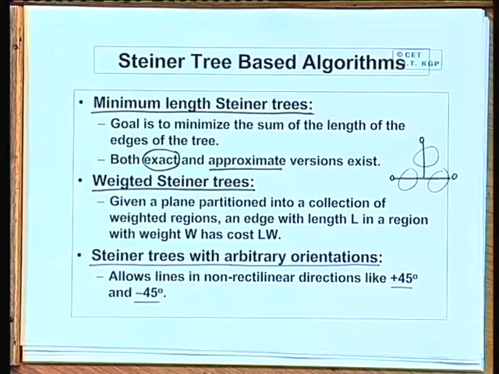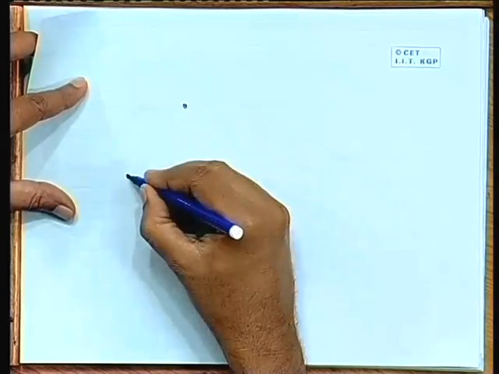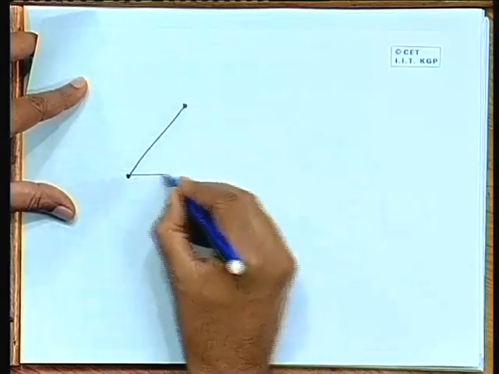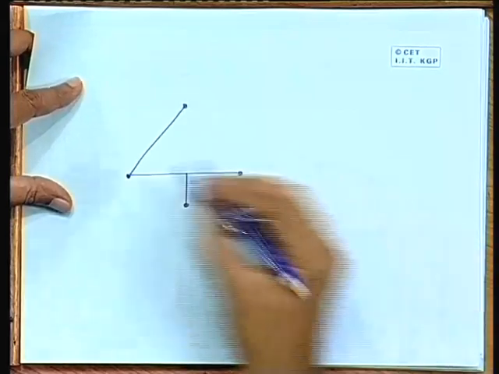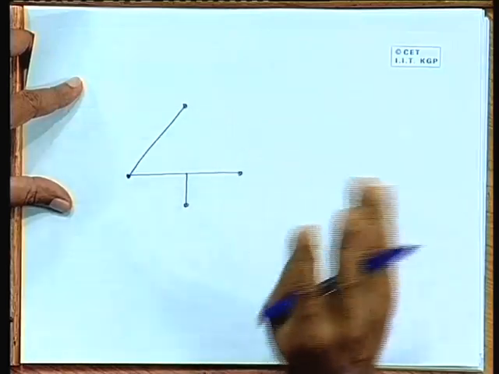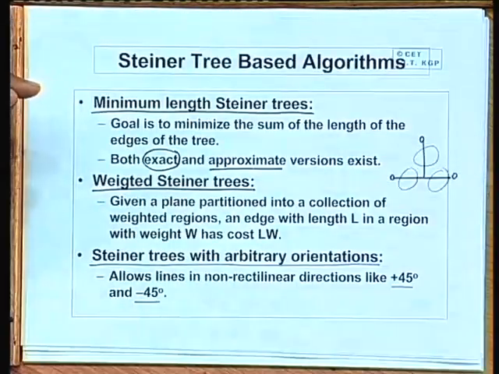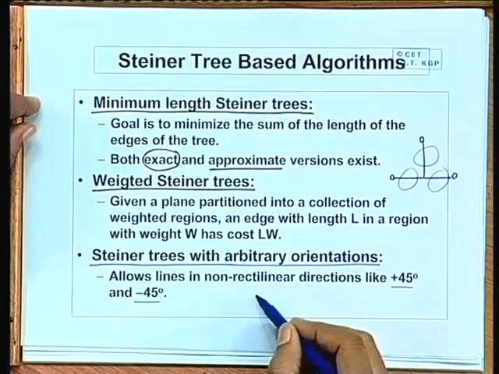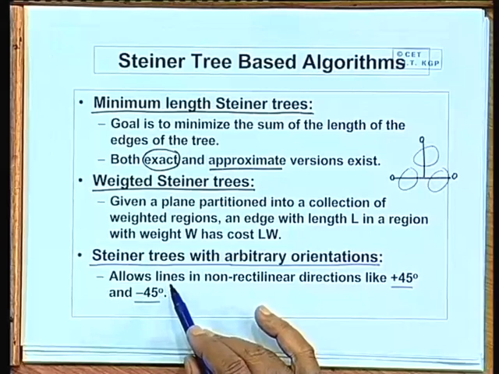So, there you can have some interconnecting lines like this, you can have a line connecting like this, another line connecting like this, another line connecting like this. So, lines at an angle of 45 degree are also allowed there. But as you can understand, the problem becomes much more complex here, but some CAD tools do use them.